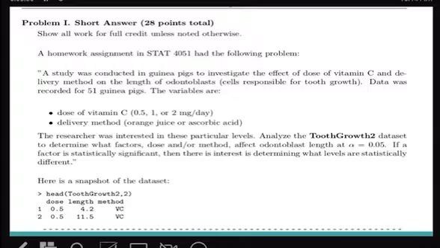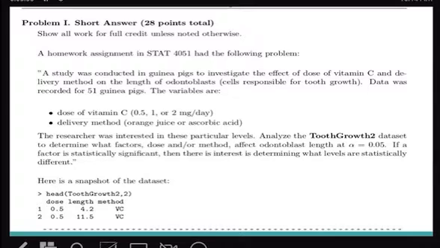Data was recorded for 51 guinea pigs. The variables are: you have the dose of vitamin C, and there are 3 levels of that: 0.5, 1, or 2 mg per day. And of course, there is the delivery method, orange juice or ascorbic acid.